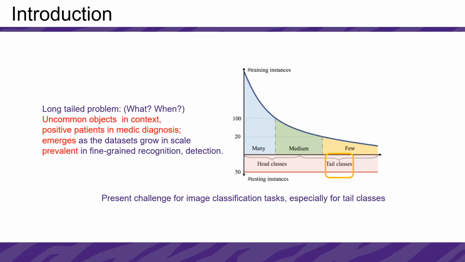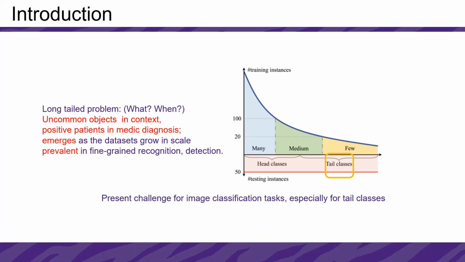So for the long-tailed problem, you may ask what it is and when it happens. Object frequency in the real world often exhibits a long-tailed distribution, as this figure shows, where a small number of classes dominate, like the common and uncommon objects in context, and positive patients and negative patients in medical diagnosis.